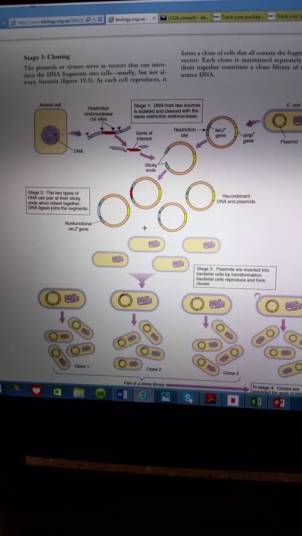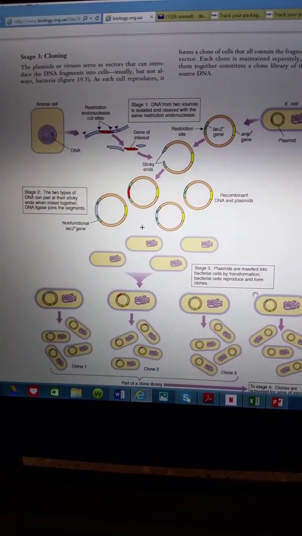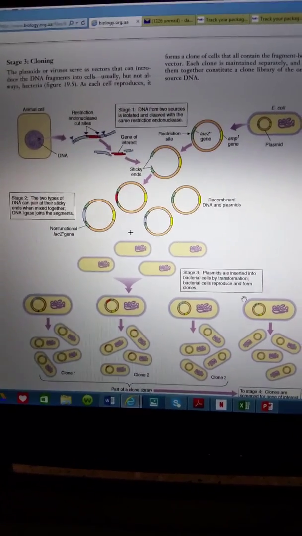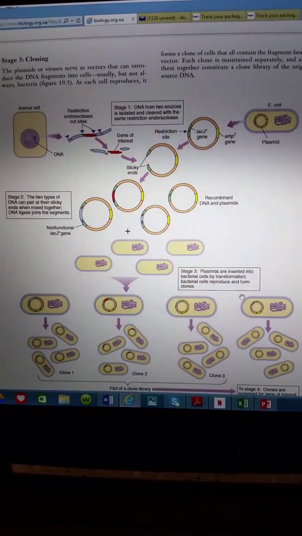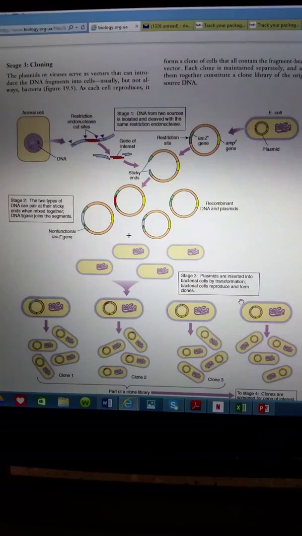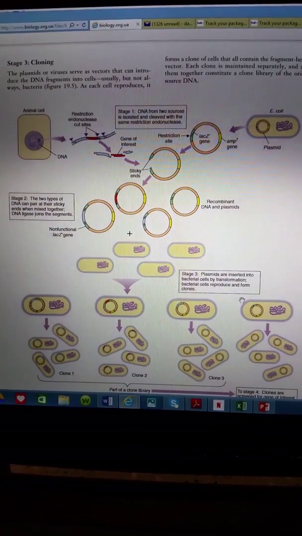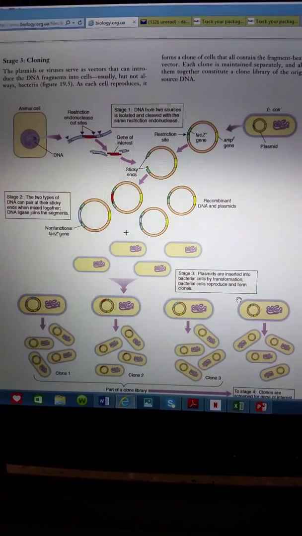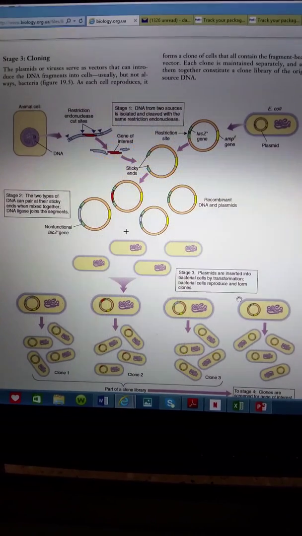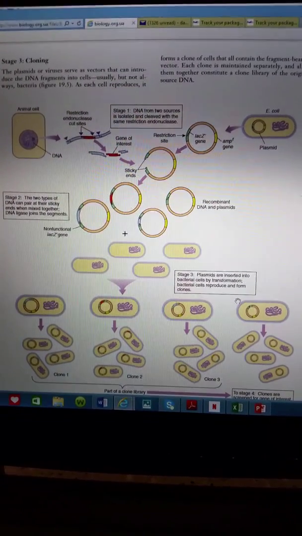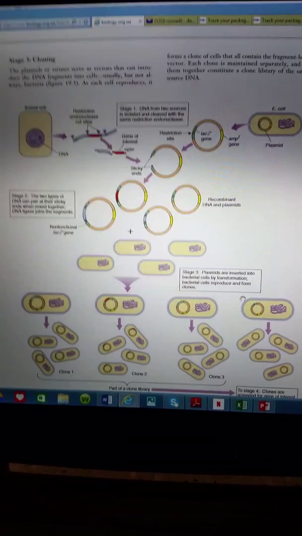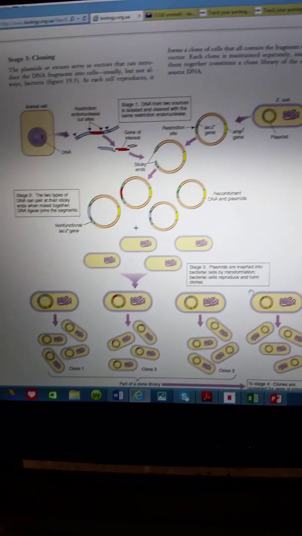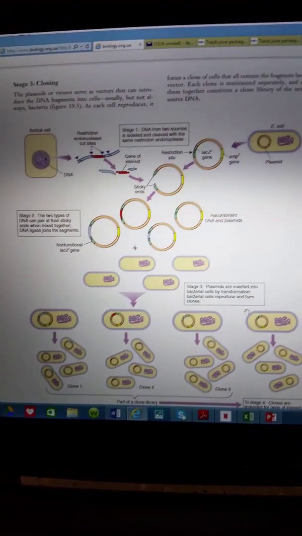Then you have to eliminate vectors that don't have an inserted DNA fragment. You have to use a vector that contains LacZ and the antibiotic resistance gene. LacZ is required to make beta-galactosidase, an enzyme that enables a cell to metabolize the sugar X-gal, and metabolism of X-gal results in cells with a functioning LacZ turning blue.